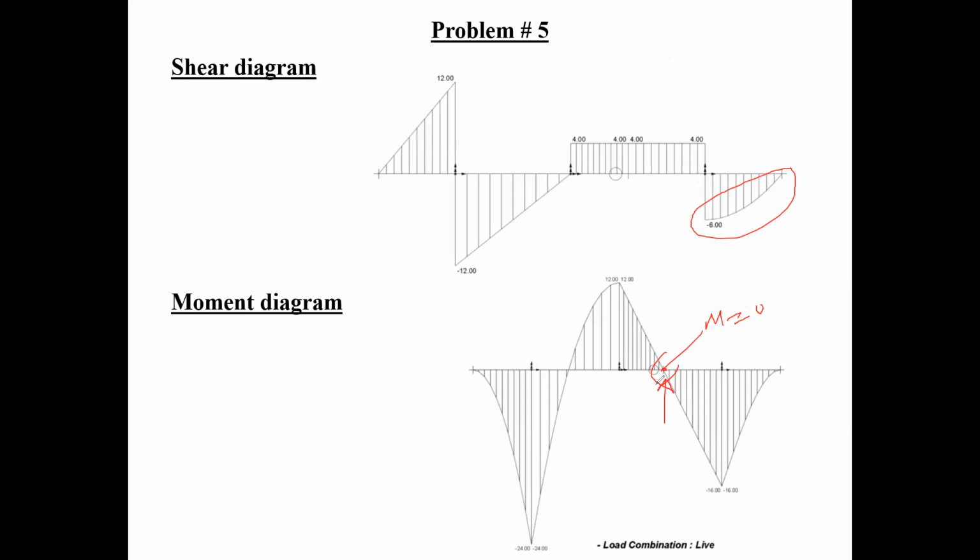So where the pin is right here, remember the moment is 0. So if you look at your moment diagram where the pin's supposed to be and the moment is not 0, that means you haven't released it, and that tells you right away that you haven't modeled it properly.